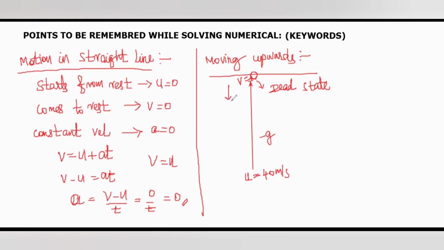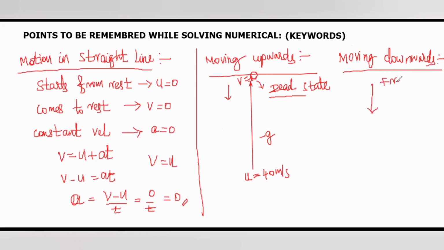So if it reaches the dead state in the upward direction, when the object is thrown upwards, then its final velocity is 0. Okay, that we have to remember here. Then moving downwards or free fall. In free fall, if it is mentioned, the object is not thrown downwards, but it is free fall.